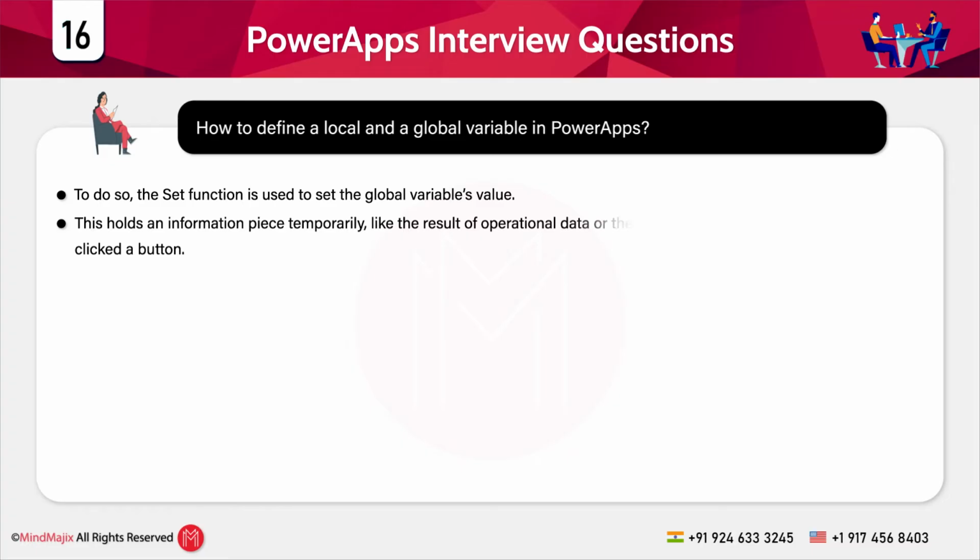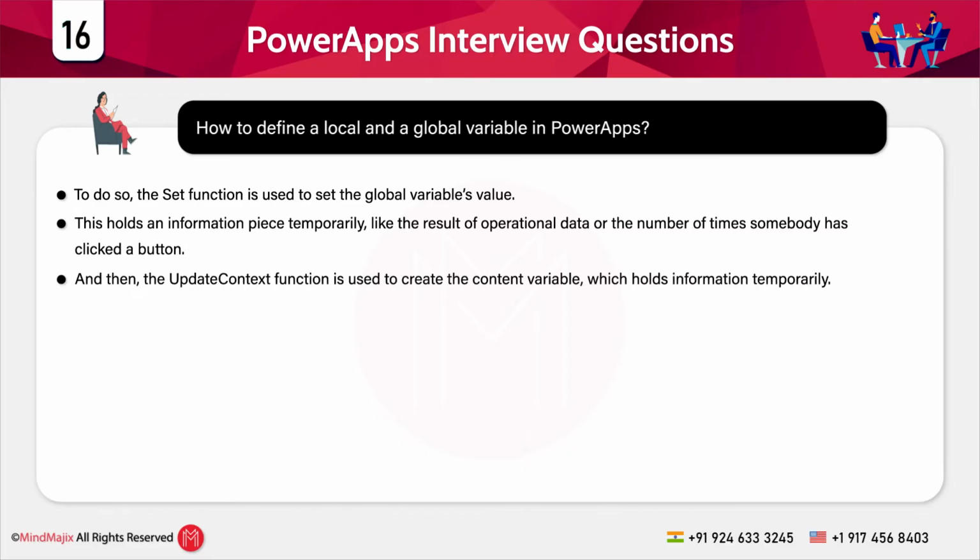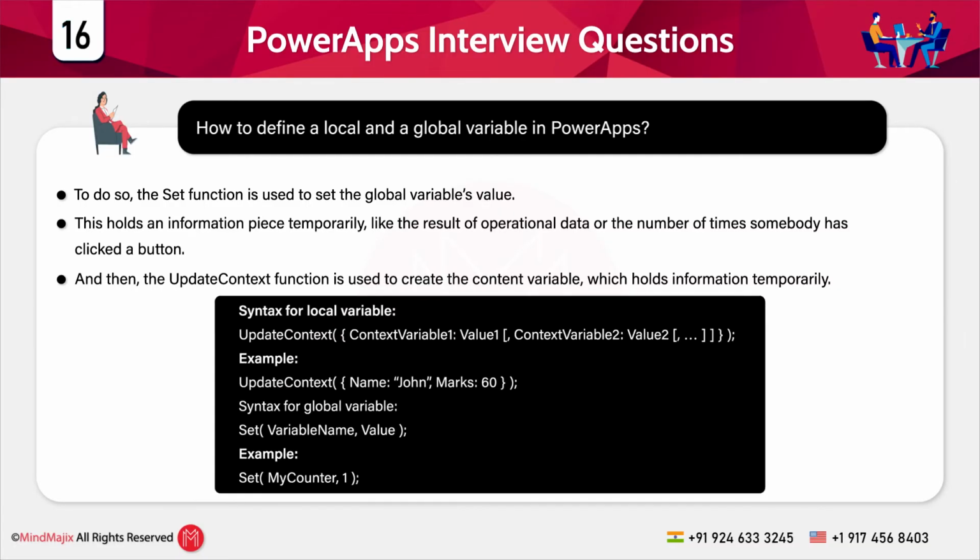So this holds an information piece temporarily, like the result of the operational data or the number of times somebody has clicked a button. Okay, and after that, you have to use the UpdateContext function to create the context variable, which holds the information temporarily. So guys, as you can see on the screen, this is the syntax for creating a local variable. Okay, so for a local variable, what you have to use is UpdateContext.